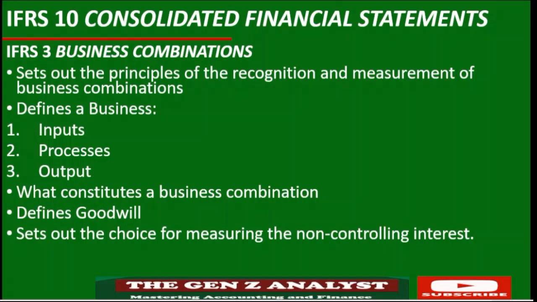And IFRS 3 business combinations sets out the choice for measuring the non-controlling interest. It says we can measure non-controlling interest at fair value, or as a proportion of the identifiable net assets of the acquiree at the date of acquisition. This one too is very practical. When we get there, you will understand. So that is the choice that IFRS 3 gives for measuring the non-controlling interest.